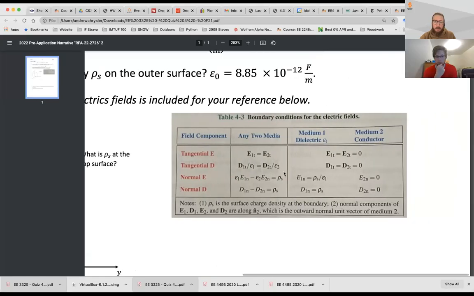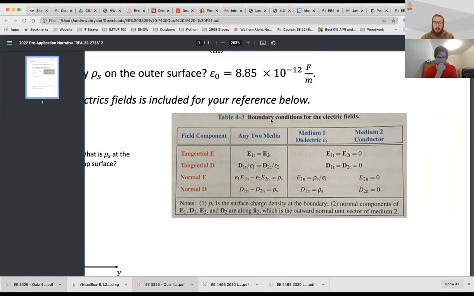So we have two options. Here, let me share my screen with you. Right, so this says what you want to find. The field component just means electric field or electric flux density, but both of these are vector fields.